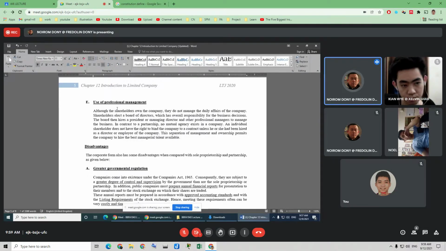If they are professionals and have a track record and evidence, it means the company they are investing in is in good hands, managed by professional managers. So if it is managed by professional managers, the possibility of the company making money is very likely, isn't it? That is the advantage: use of professional management.